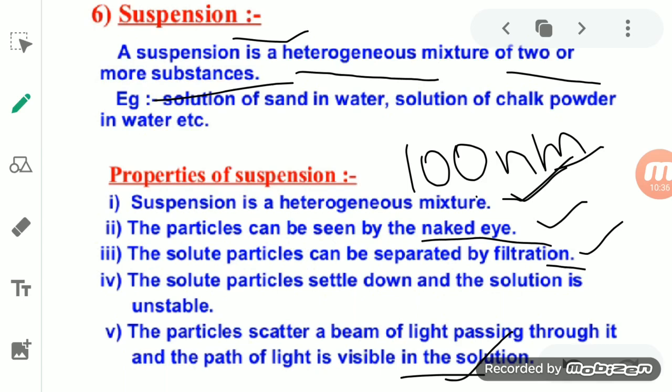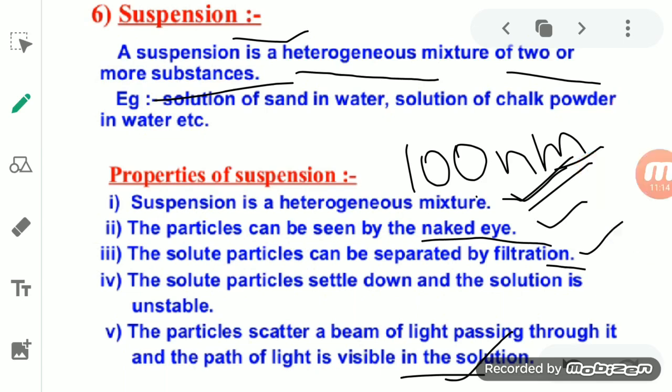The size of the particle is comparatively larger than that of a true solution, due to which when you give a beam of light to it, the particles reflect the light properly, and as they reflect the light, the path is visible in the solution. So it is due to the size of the particle.